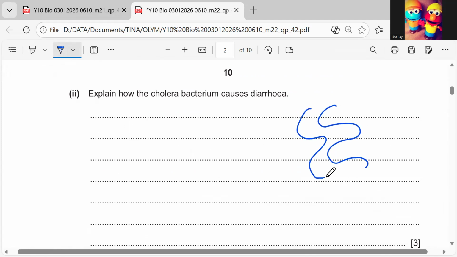So if the bacteria is here, the bacteria will first secrete toxin, and the toxin causes chloride ions to enter. You must say chloride ion, not chlorine. So when chloride ion is here, the water potential inside the small intestines goes down, and so water will start moving in. Chloride moves in, water also moves in.